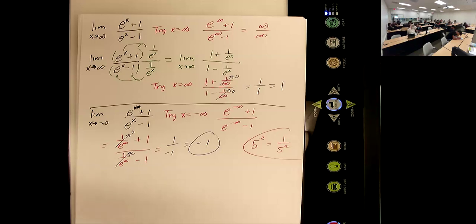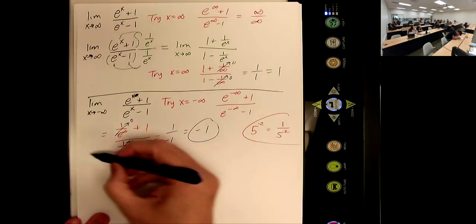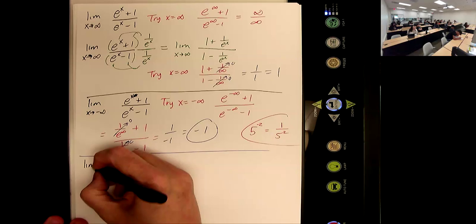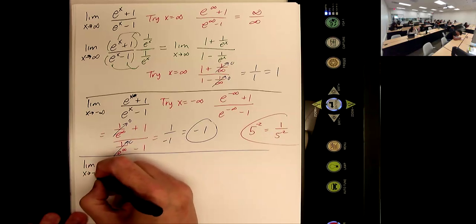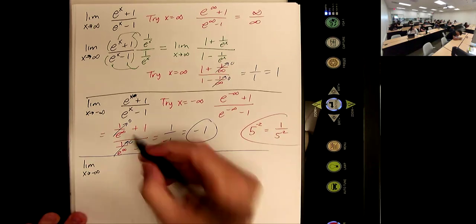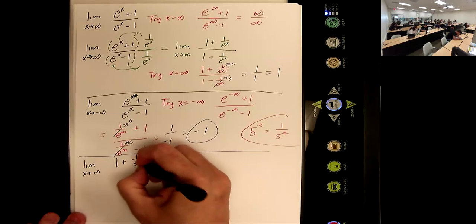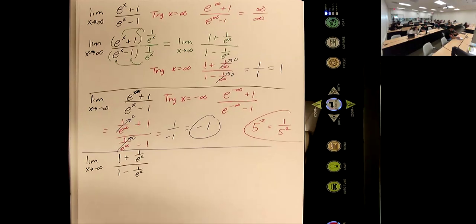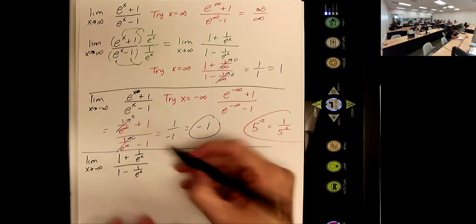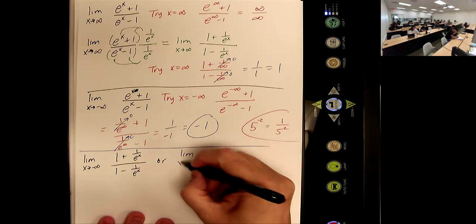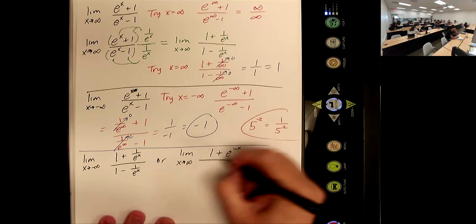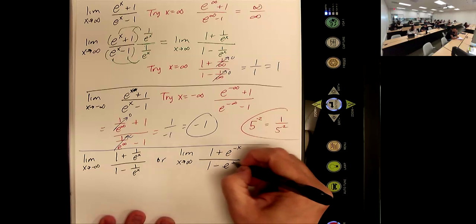Now, there is one that doesn't work with negative infinity at first glance. If we do the limit as x goes to negative infinity of 1 plus 1 over e to the x and 1 minus 1 over e to the x, or if it said 1 plus e to the negative x and 1 minus e to the negative x, these are the same thing.